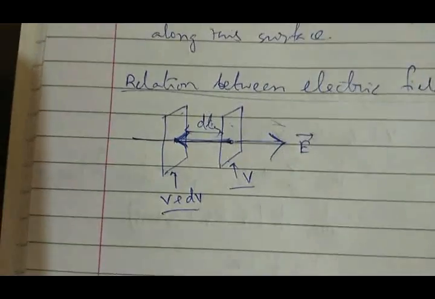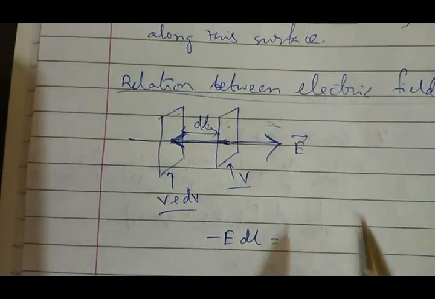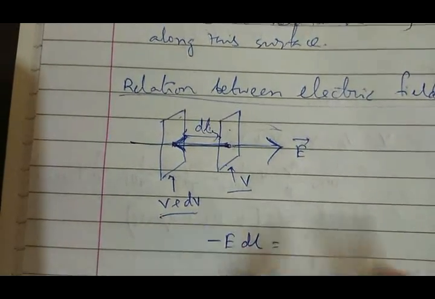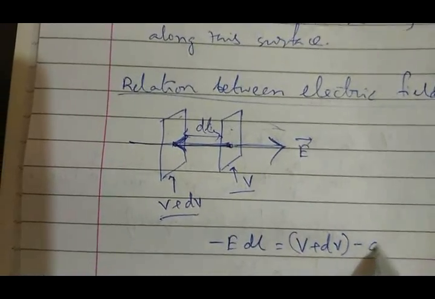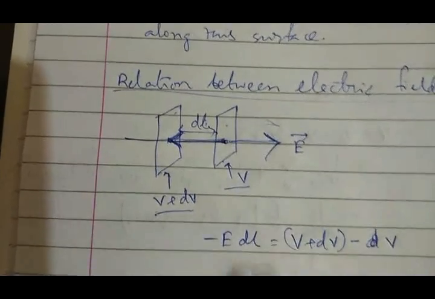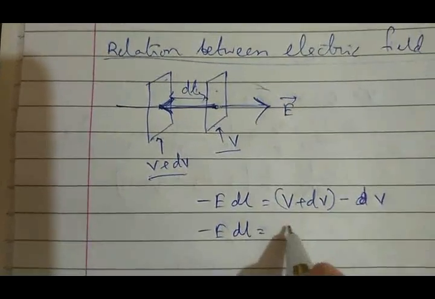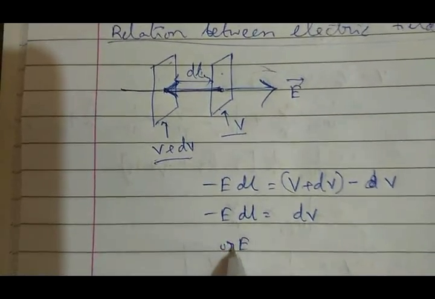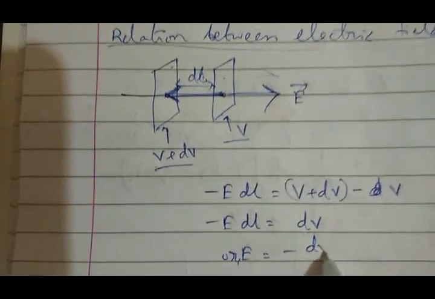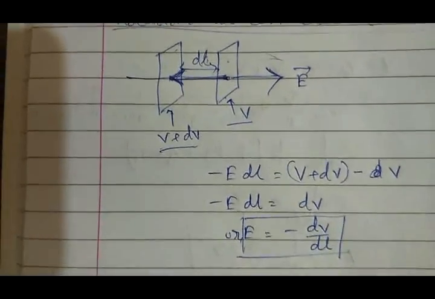So the work done will be minus E dl, and the change in potential, final minus initial, is dV. So we can write minus E dl equals dV, or E equals minus dV by dl. So this is the relation between electric field and potential.